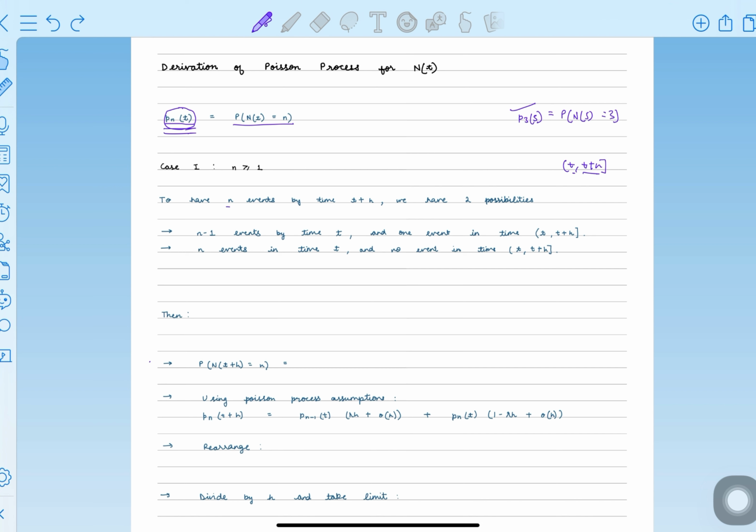To have n events by time t plus h, we have exactly two possibilities. The first is that n minus 1 events already exist by the time period t and one event occurs in this interval. The second is that n events have already been established by time t and no event occurs in this interval. Now we convert this logic into probability form.